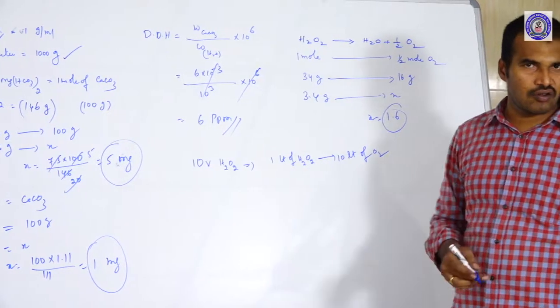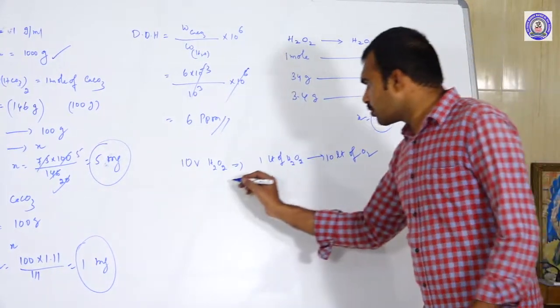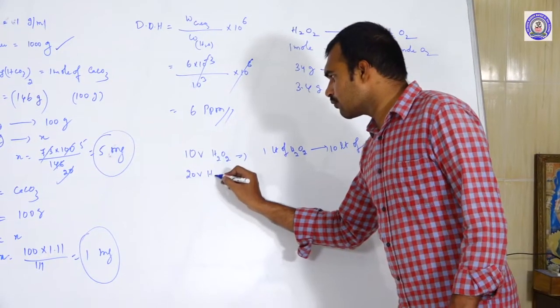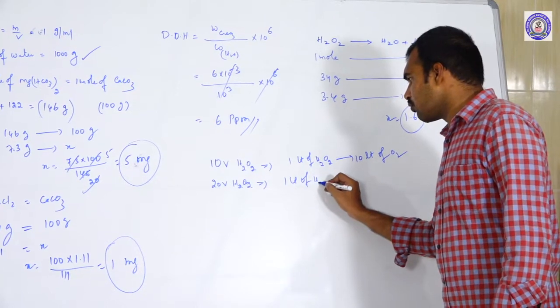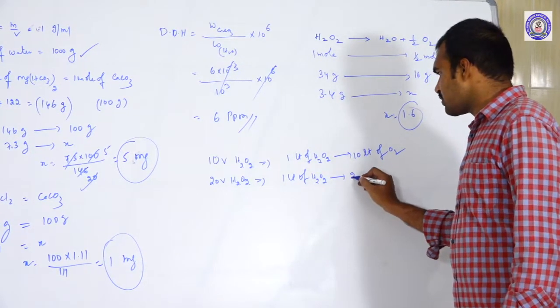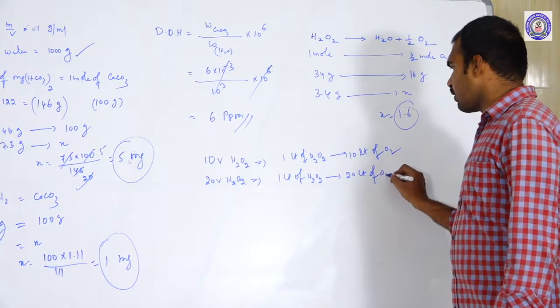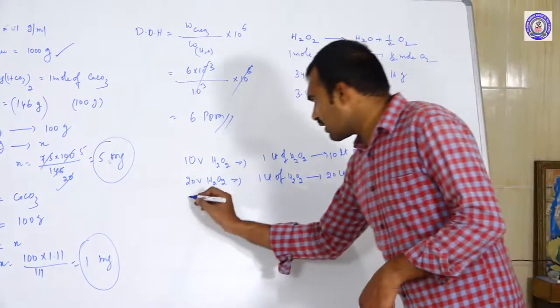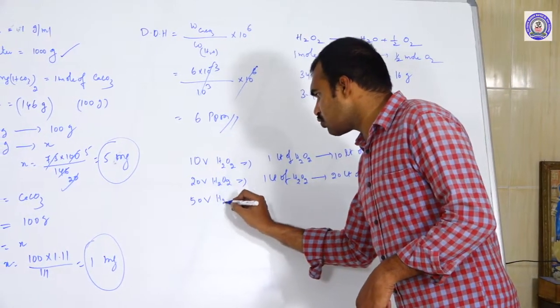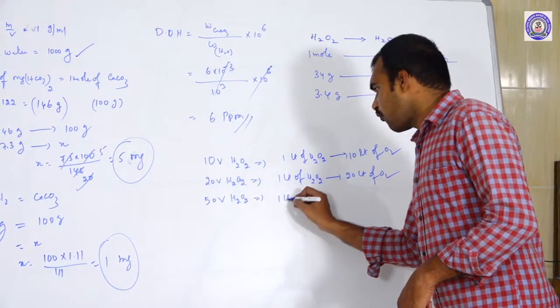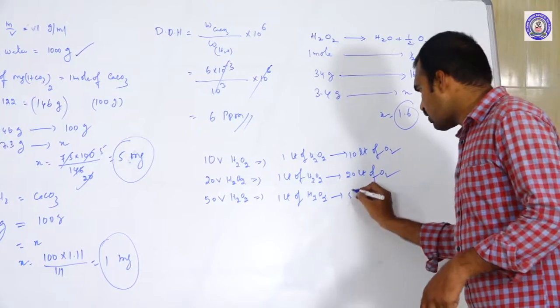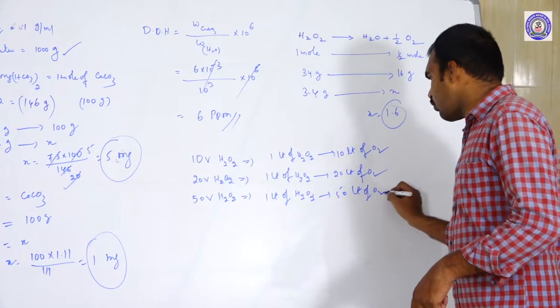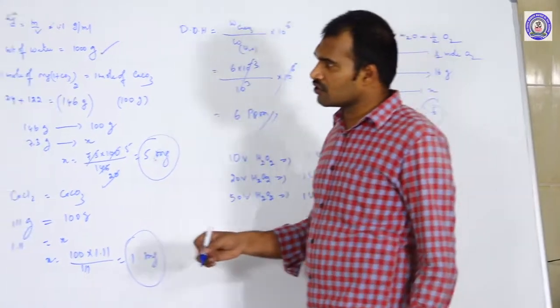That is why we call this 10 volume strength. 20 volume H2O2 means 1 liter of H2O2 on decomposition liberates 20 liters of O2. Similarly, 50 volume strength H2O2 means 1 liter of H2O2 on decomposition liberates 50 liters of O2.